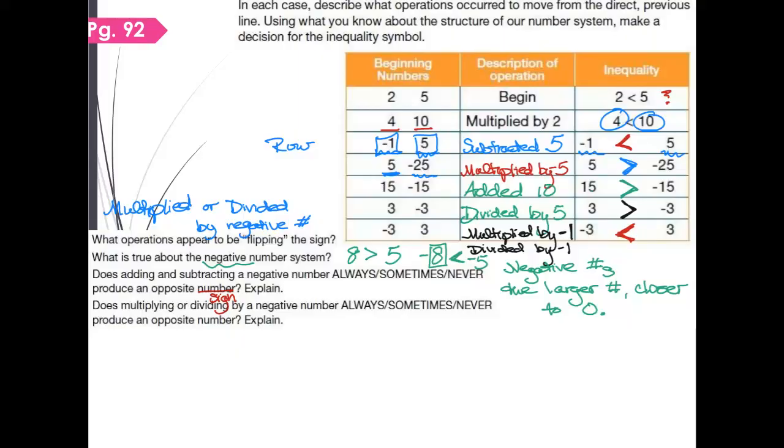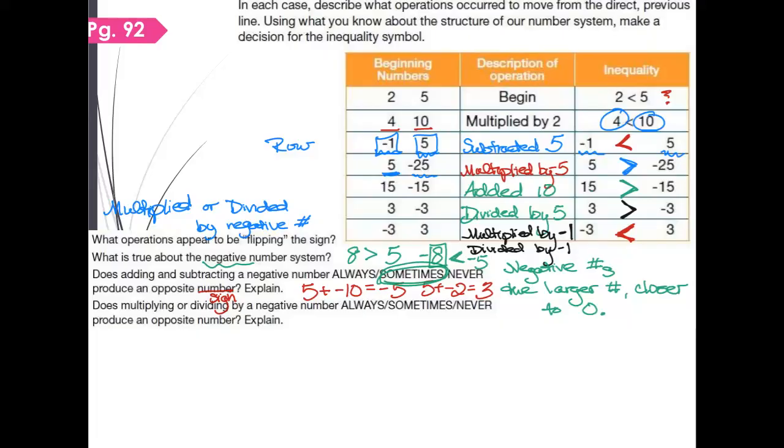Does adding or subtracting a negative number always, sometimes, or never produce an opposite signed number? So if I said 5 plus negative 10, that gives me a negative 5. But if I say 5 plus negative 2, that gives me a 3. So is the answer always, sometimes, or never? That is a sometimes.